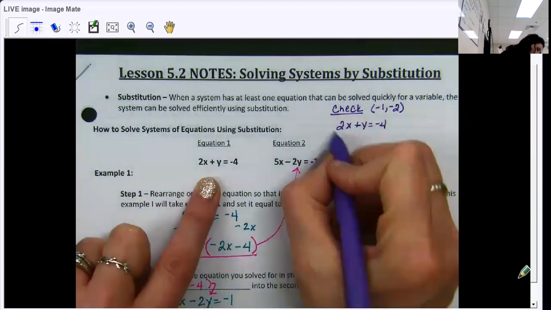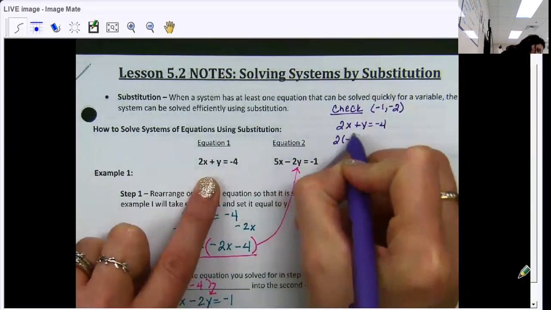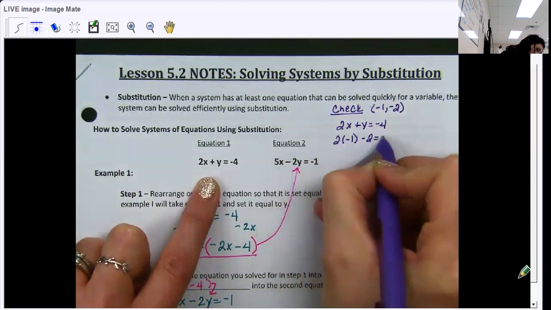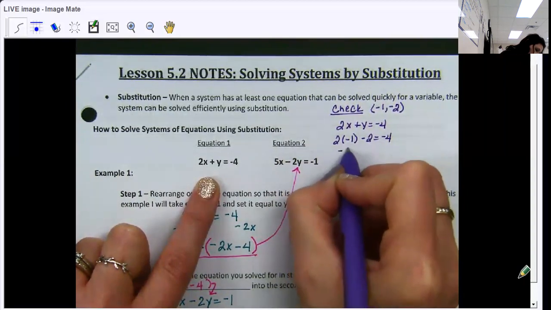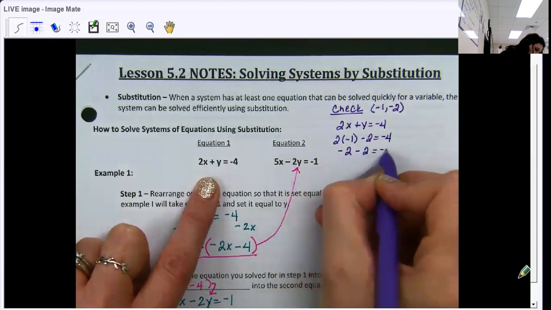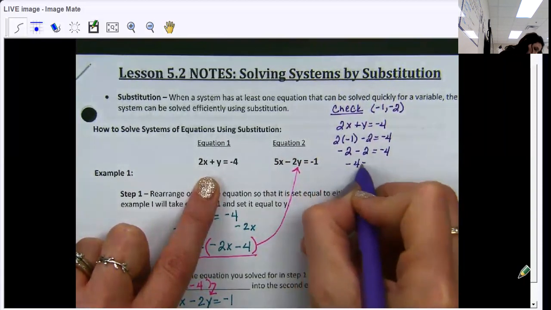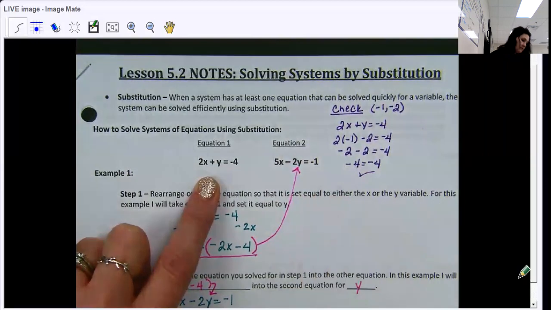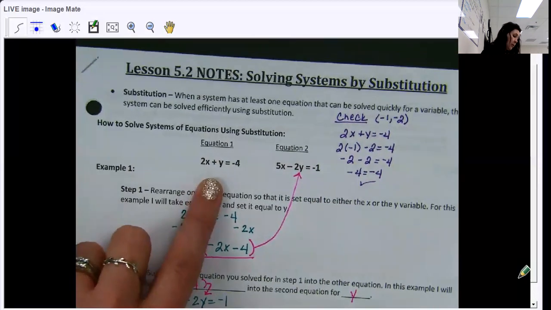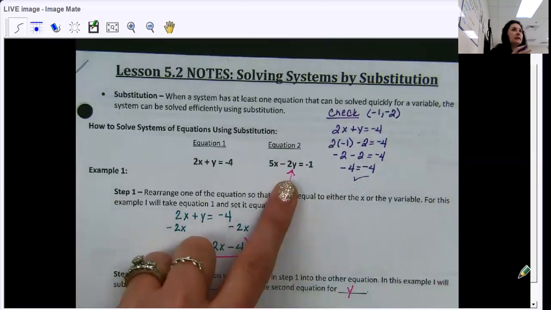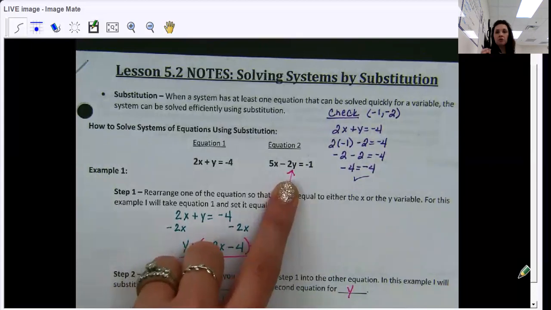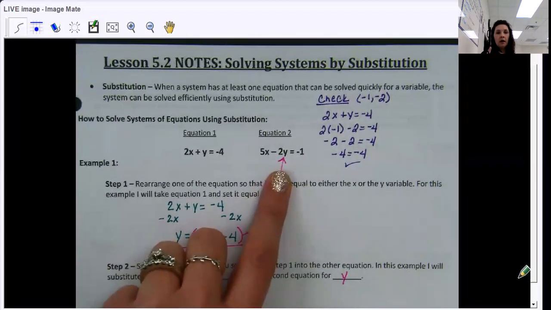So we have 2 times -1 minus 2 equals -4. So we have -2 minus 2 equals -4. -4 equals -4. So that checks out. Now I'm going to do it for the other equation because it has to be true for both equations, not just one.